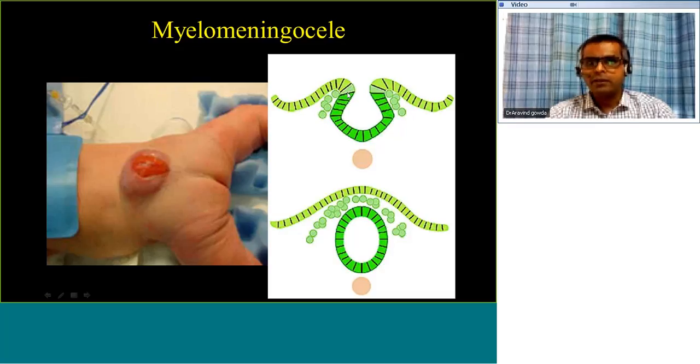So in the placode here, there will be thickening due to the formation of the neural folds. This neural fold will subsequently become various sympathetic ganglia or dentate, various ganglia it can form. So here what happens, due to the non-fusion, non-formation of the neural tube, the placode will remain open to the exterior. This is called the myelomeningocele.